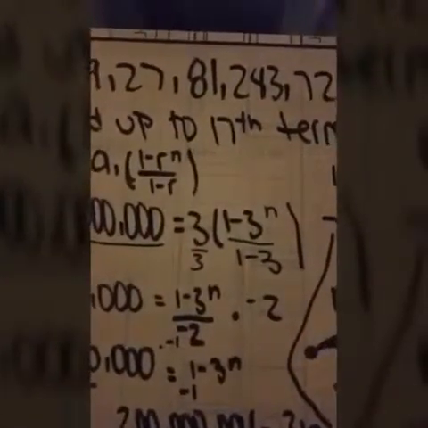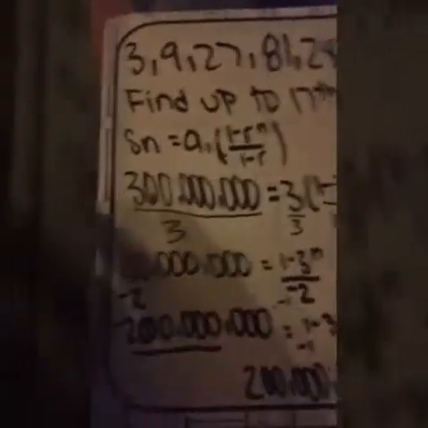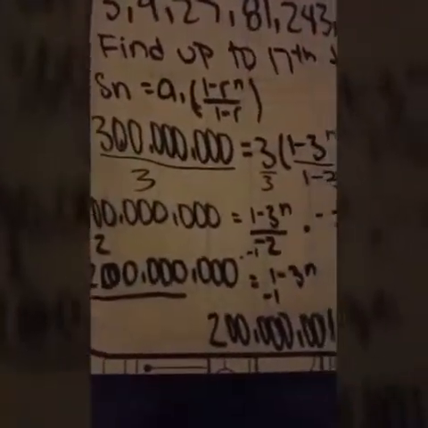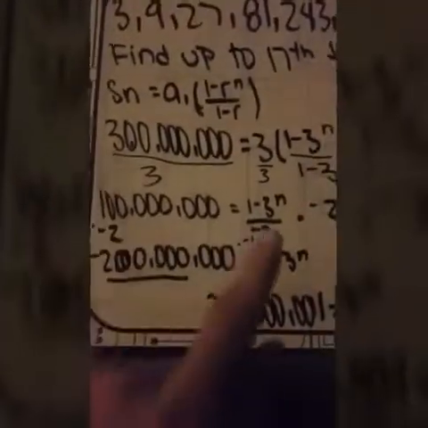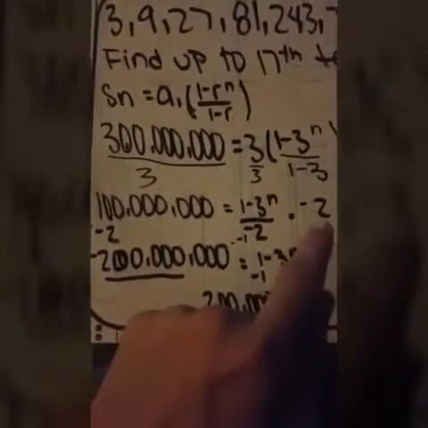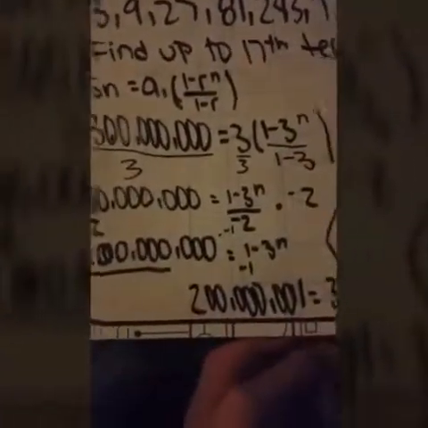But we don't know our n. We're trying to solve for that. So if you want to solve for n, the first thing you want to do is divide by 3. And then you want to get rid of the negative 2, so you'll multiply by -2, because what we do to one side we have to do to the other in order to cross that out.